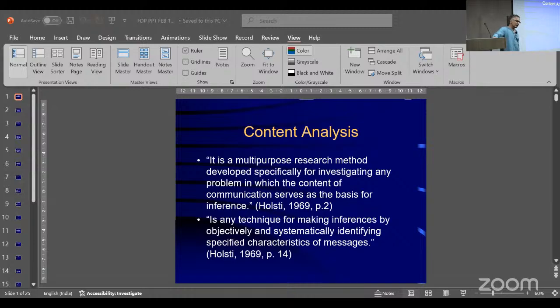In any study, not just content analysis, a qualitative inquiry will involve the process, what's going on, the culture around, and people's stories, how they feel.